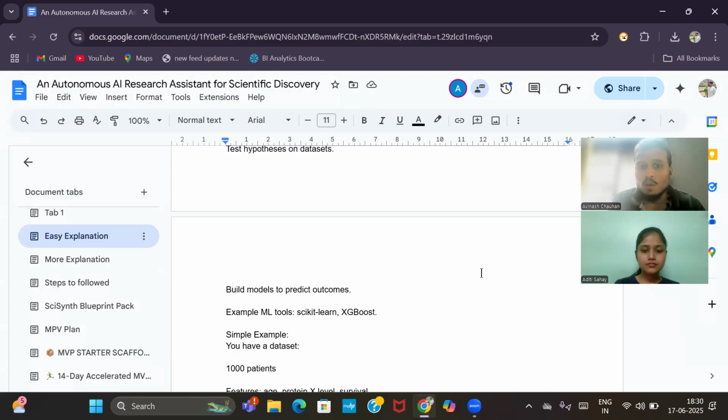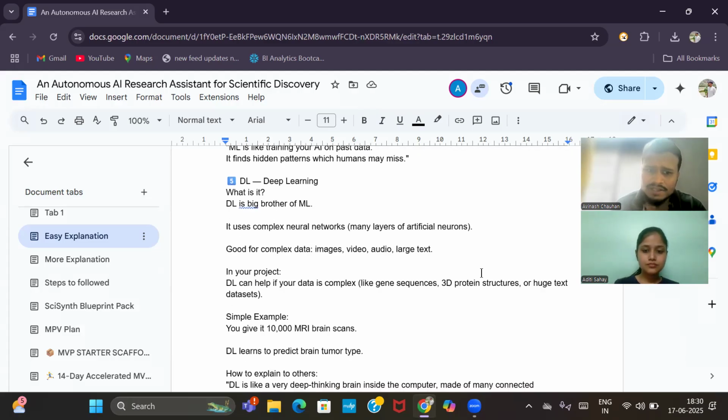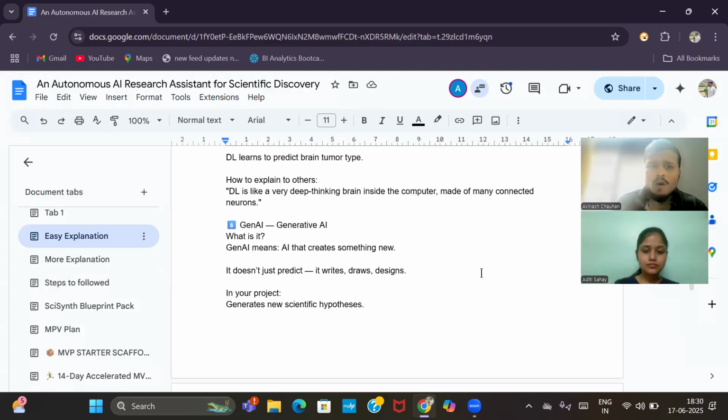So basically DL means the brain of your human body. That is basically DL. And when we move on to generative AI, obviously generative AI creates something new. It will not predict anything.